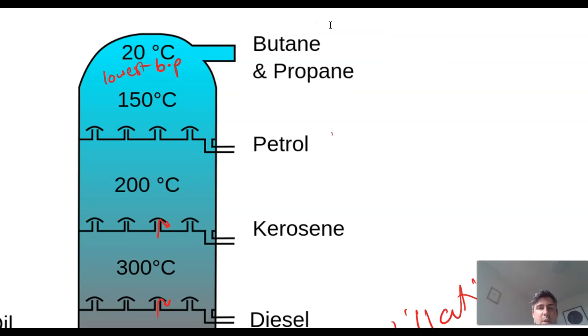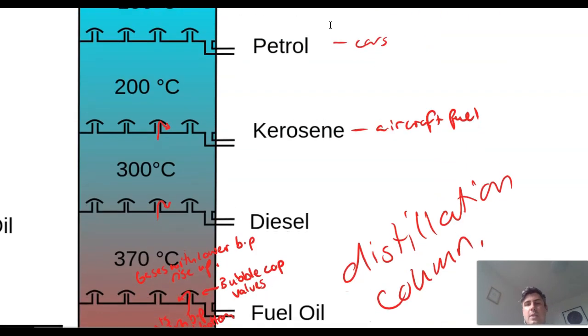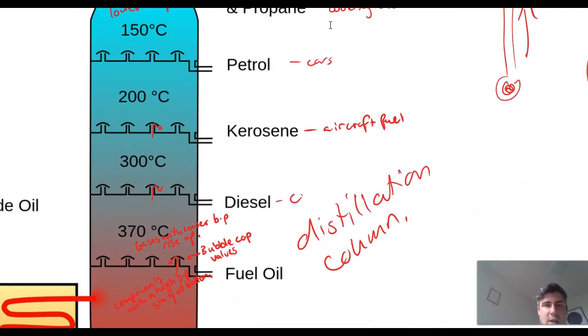So just below that, you've got your petrols, which we use for cars, kerosene, which we use for aircraft fuel. This here is gas for cooking heaters. Then we've got our diesel, cars as well, cars and machinery.